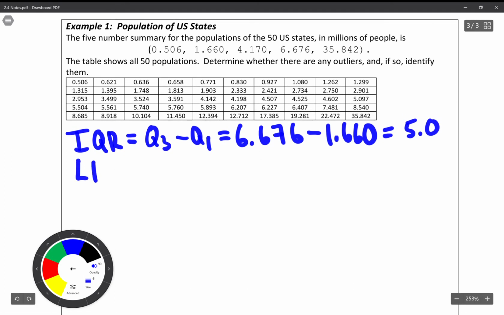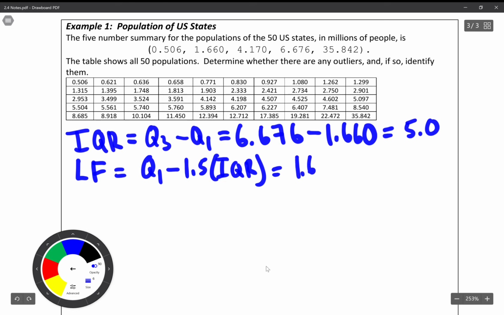Let's go to the lower fence. Q1 minus 1.5 times the IQR. That's going to be 1.60 minus 1.5 times this. Obviously this is bigger than that, so this is going to be negative 5.